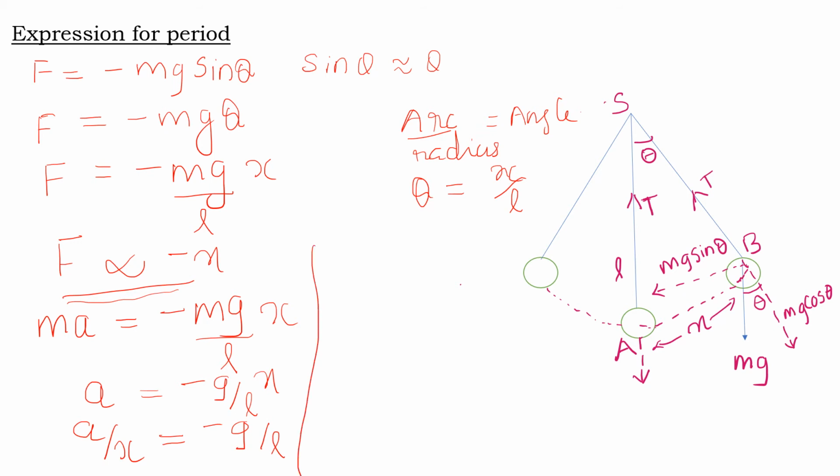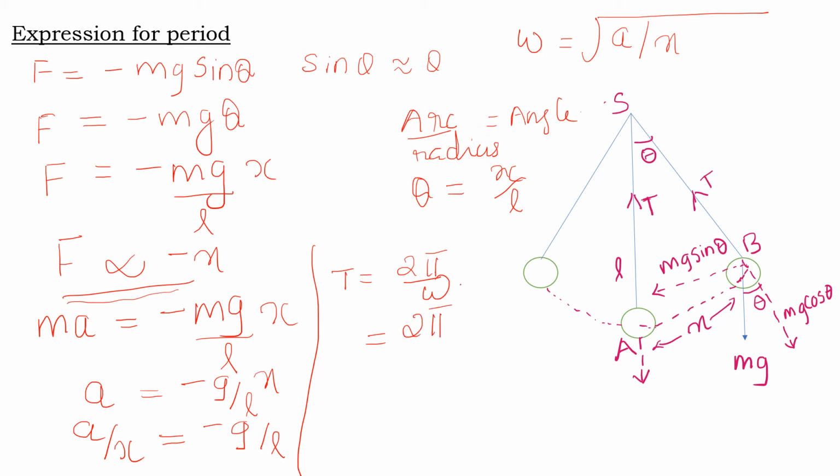And consider the expression for the period T is equal to 2 pi divided by omega. But omega, we know, is equal to the square root of the acceleration per unit displacement, that is root of a by x.